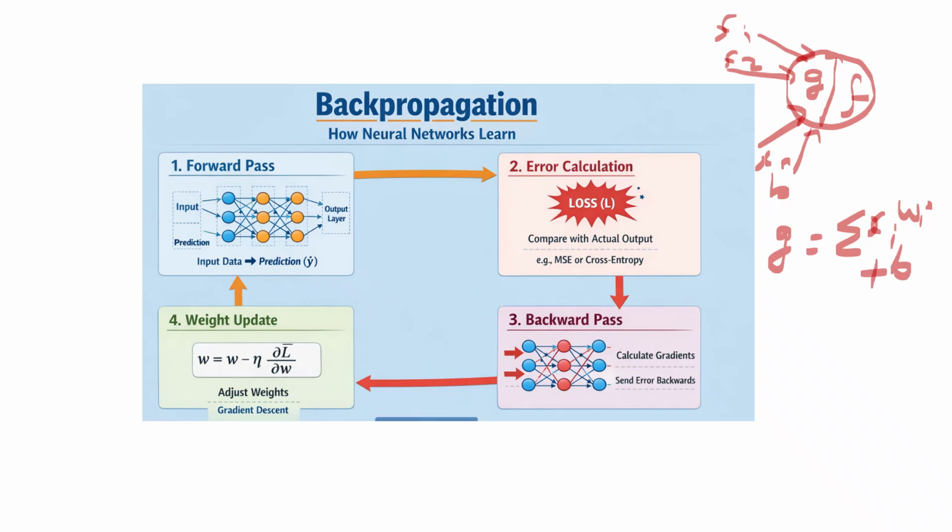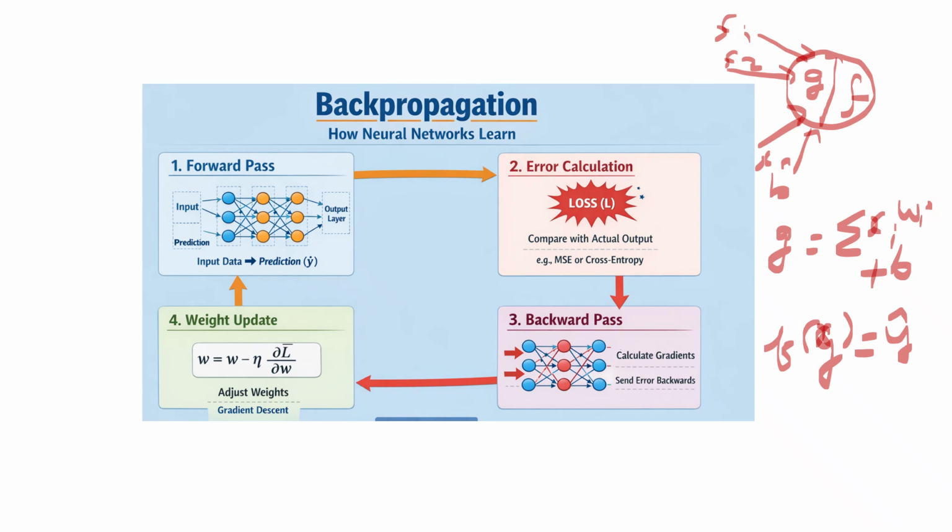So the summated weight is considered as G. Then after that, the activation function is given as F. Here the activation function takes this G and the output is calculated. The output can be represented as y cap. Usually we mention y as the output. Why we are mentioning y cap here is because y cap means the output we received.